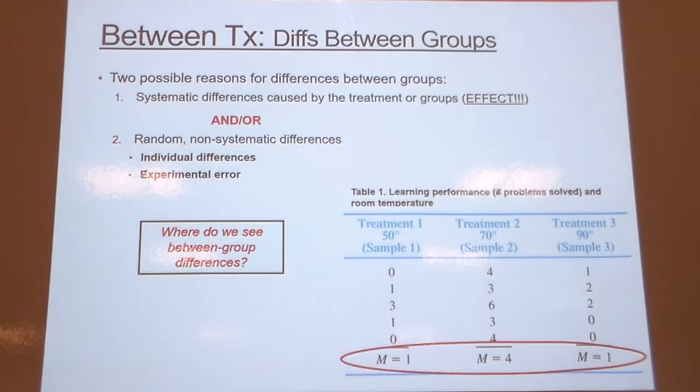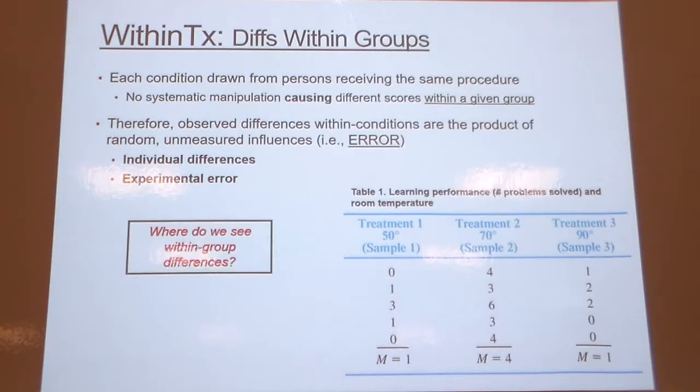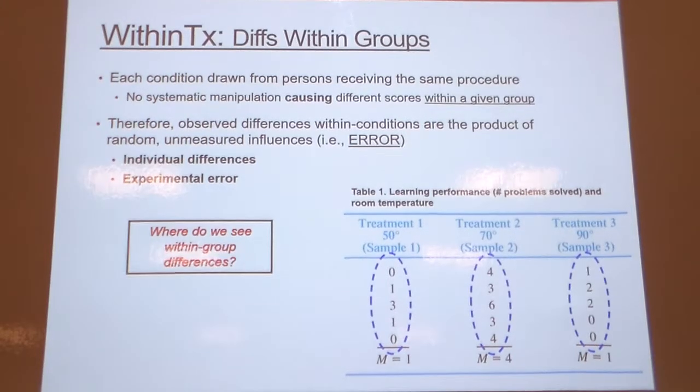So this is our between group differences. In this example, we're looking at differences across group means. By contrast, our within group differences. Remember that if our manipulation or grouping variable, whatever our independent variable is, is the only thing driving the outcome, Morgan, what should all scores within a given group be?